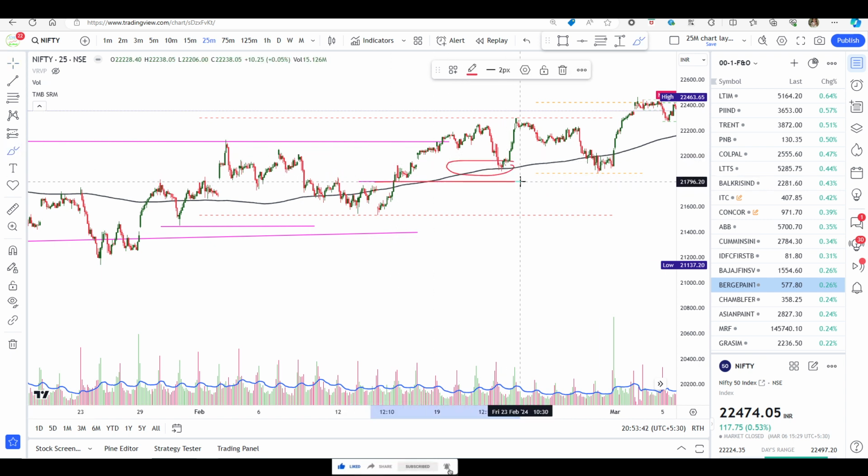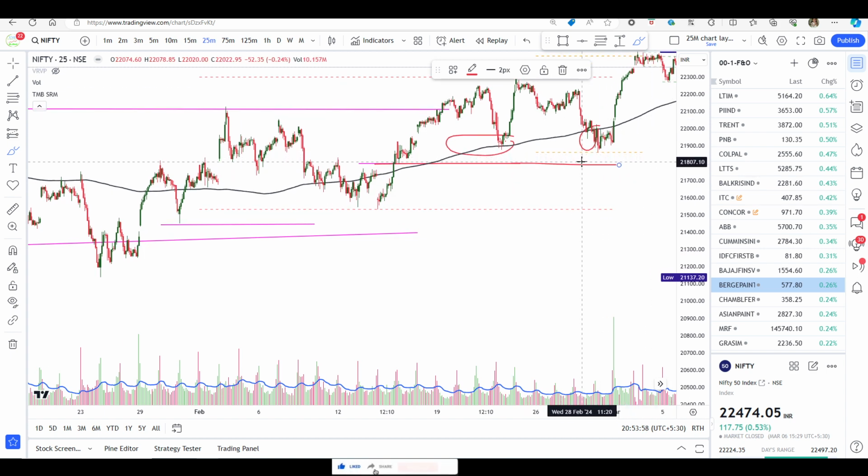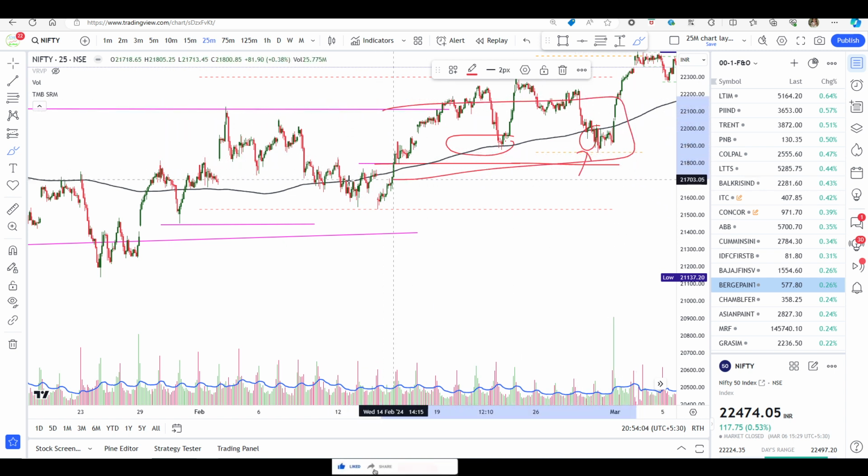It came here, it never closed below the 200 moving average, no need to exit. This is where you initiated the trade. Next time it closed below the moving average. From here to here, how many points? Here 21,800, it closed 21,850, 900, around 900 points. If you get a 100 points move, how many days? This is the decay, right?